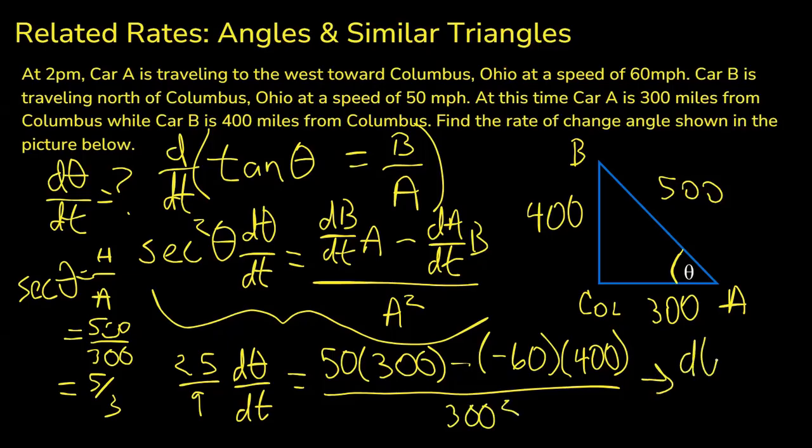And then if we solve this for d theta dt, you would get 39 over 250. And here, the units would be radians per hour.